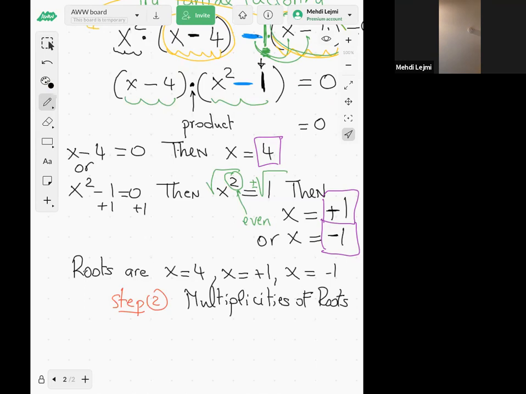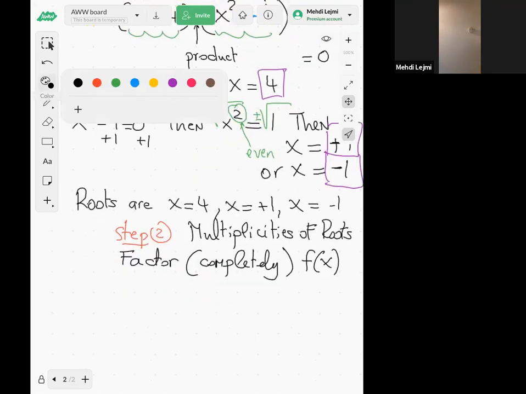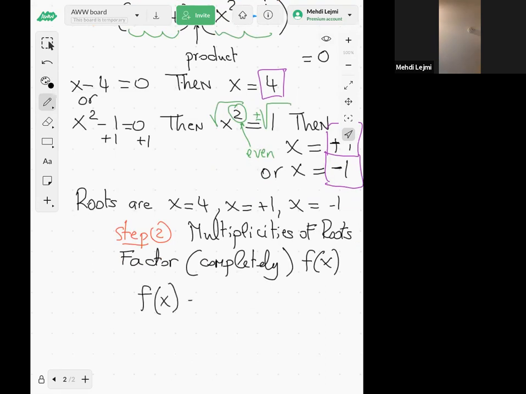All right, so now we have to factor completely f of x, right? So we had f of x. What was f of x? It was x cubed minus 4x squared minus x plus 4, right?